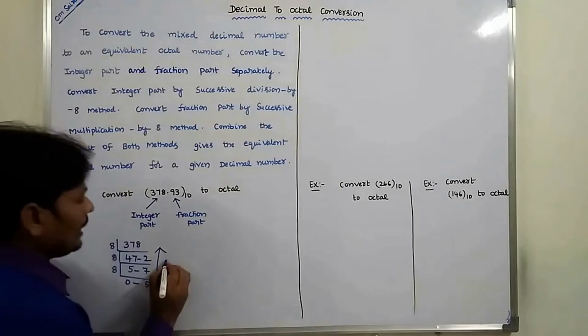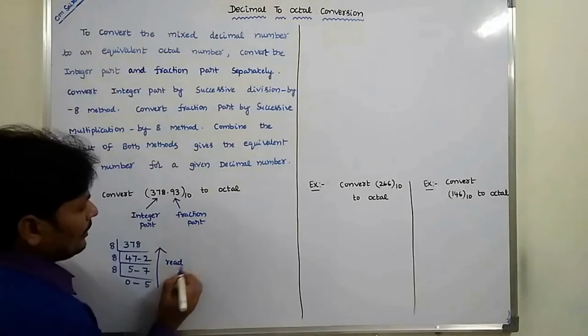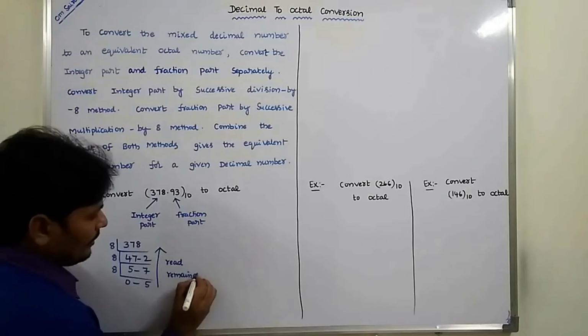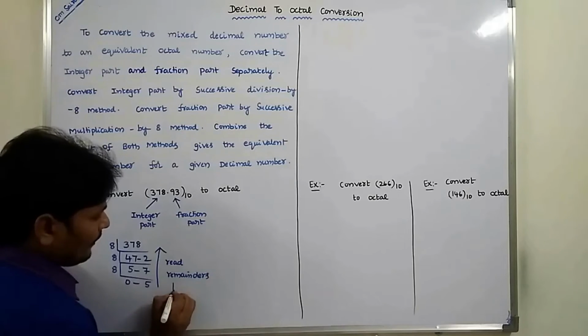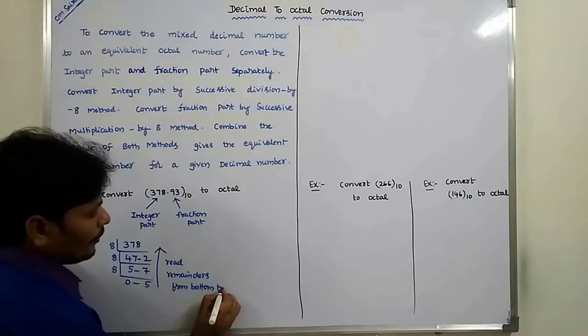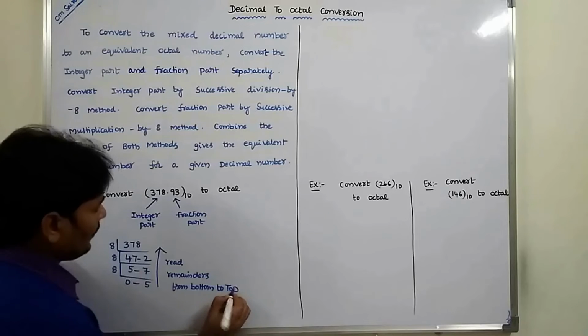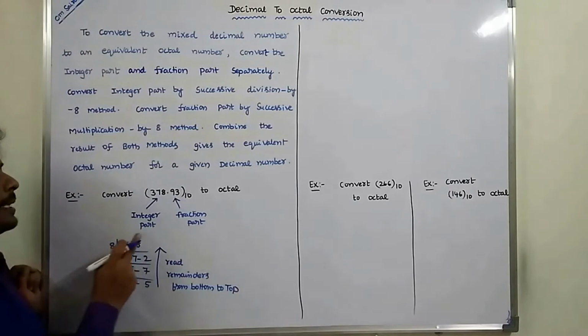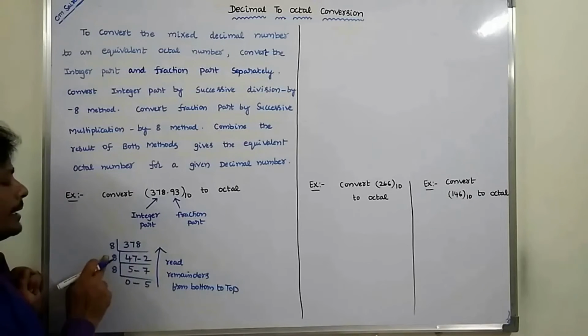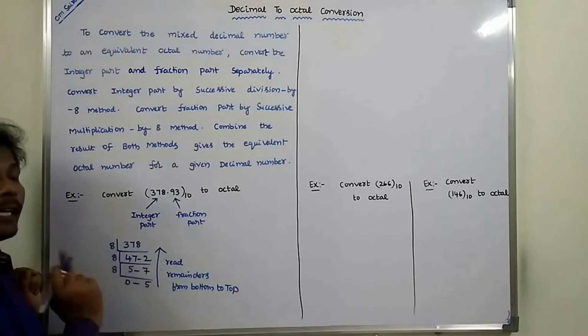Read remainders from bottom to top. Okay. 8 divides 378 47 times. The remainder is 2. 8 divides 47 5 times.